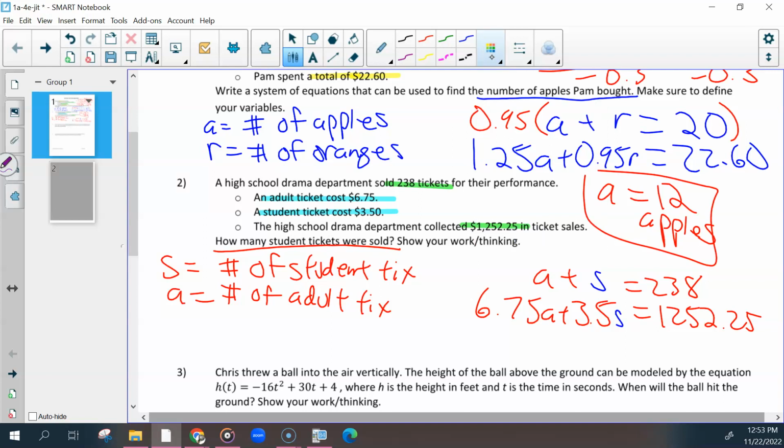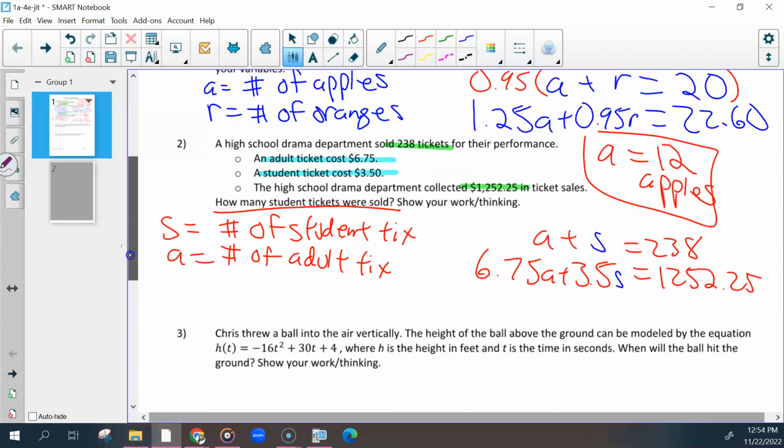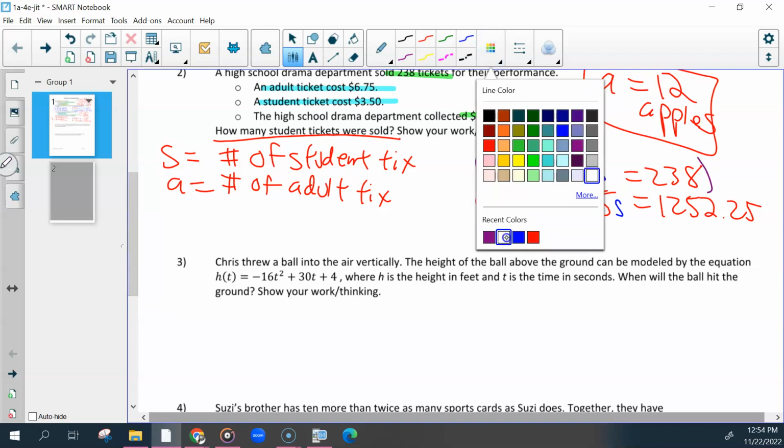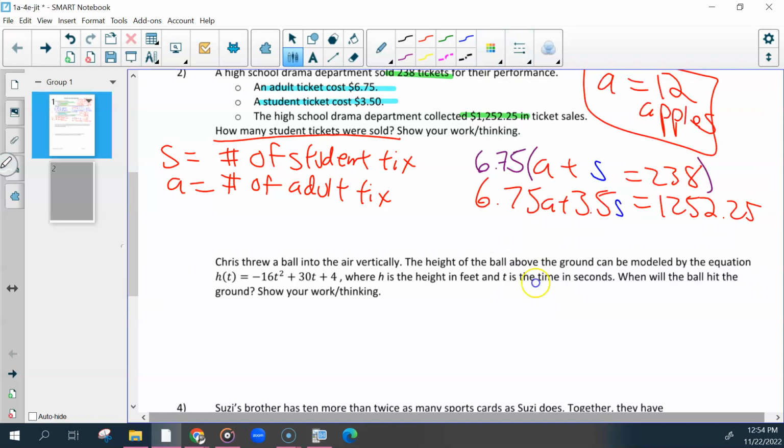Again, we are just looking for one thing, number of student tickets. So we can eliminate the adult tickets. But these need to be the same, so I can multiply this entire thing by 6.75. I'm going to put this here because I'm running out of space.